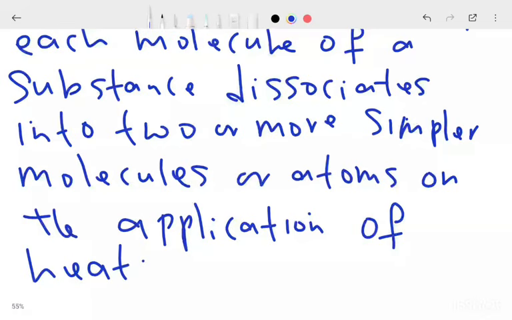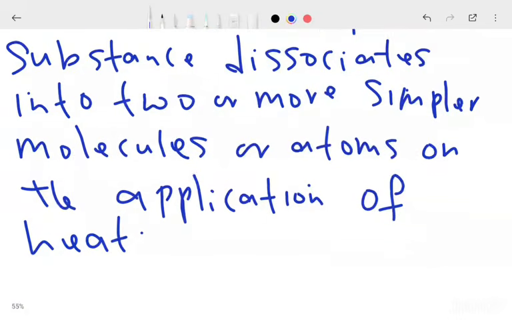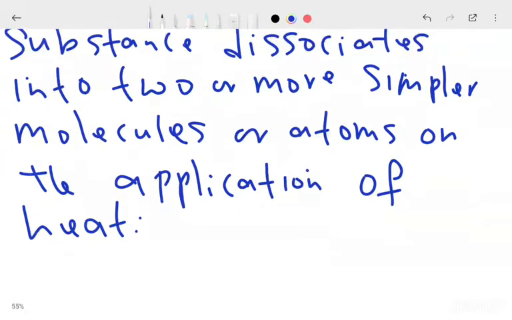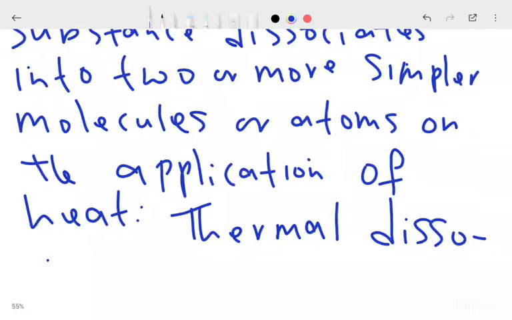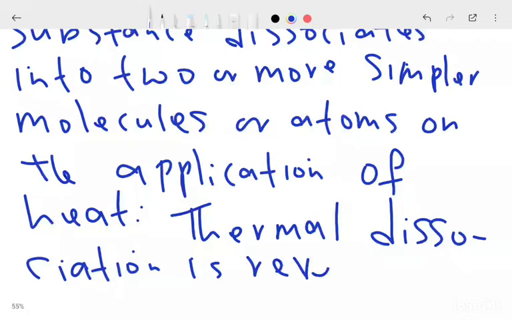Okay, unlike thermal decomposition. So meaning that thermal dissociation is reversible.